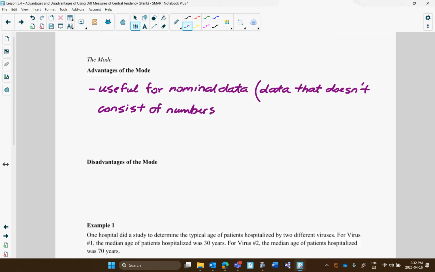So where might the mode be good in this kind of case? Let's say baby names. You want to find the most popular baby name. Well, wouldn't that be the mode? You have a list of all the baby names, like say all the baby names in Winnipeg, and then you just look for the one that appears most often. That's the mode.